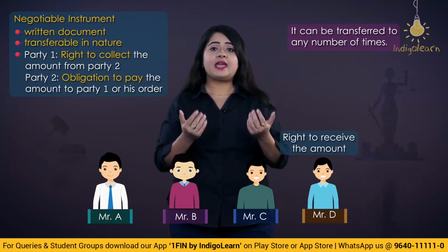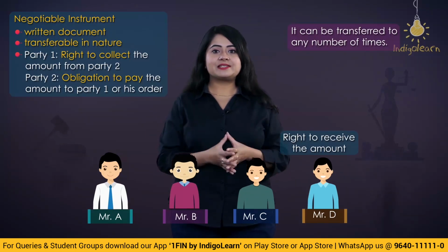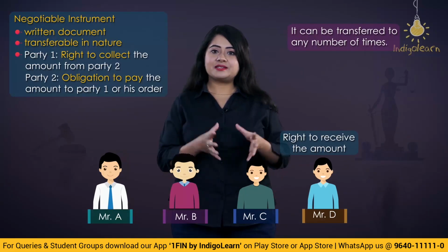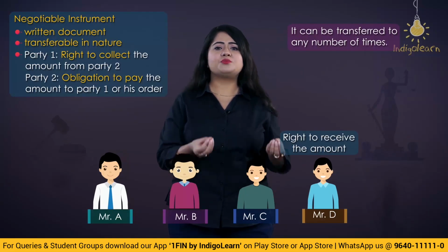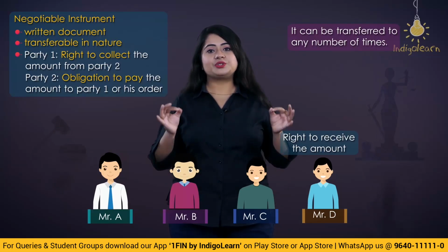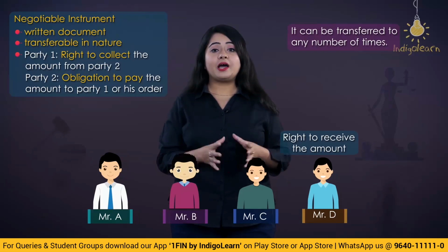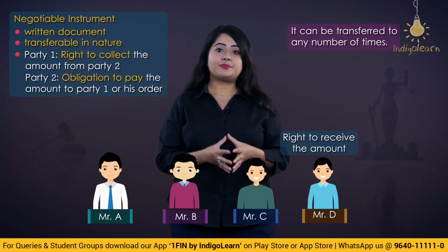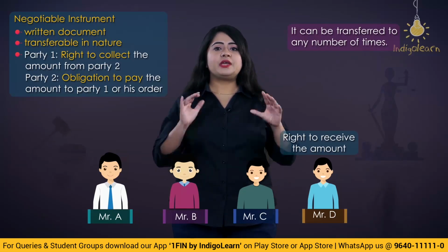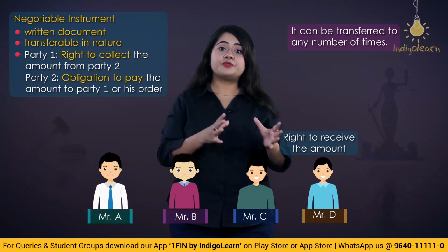So it can be transferred any number of times to any number of parties. Although in practical scenarios that does not happen. In practical scenarios, it may be transferred to at the most 10 or 15 people. But according to law and according to the Negotiable Instruments Act of 1881, there is no bar on the number of transfers that can happen for this negotiable instrument. So an infinite number of times this negotiable instrument can be transferred to different parties.